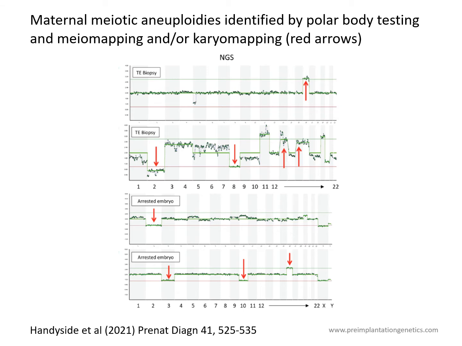So if we now look at the corresponding NGS-based copy number profile for samples like the one I've just shown, in this case I'm showing 2 examples of trophectoderm biopsy, the upper 2 panels, and 2 examples of arrested embryos in the lower panels, we can now identify which of the copy number changes we see in the profile are due to meiotic changes and which are presumably of mitotic origin, because there is no evidence at the molecular level that there are two paternal or maternal chromosomes present to cause the trisomy.